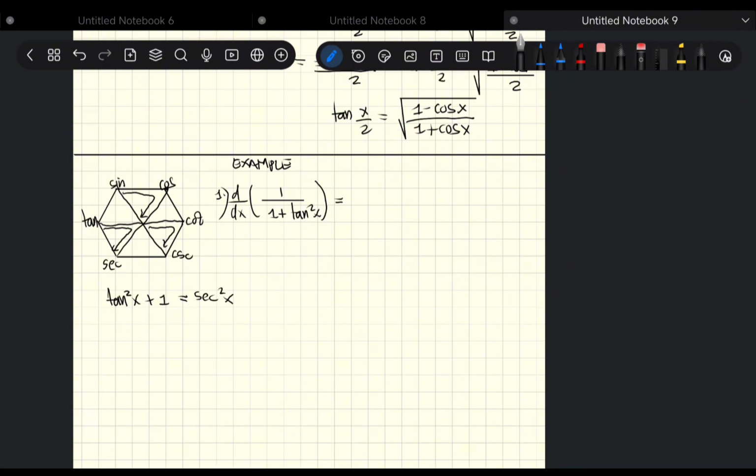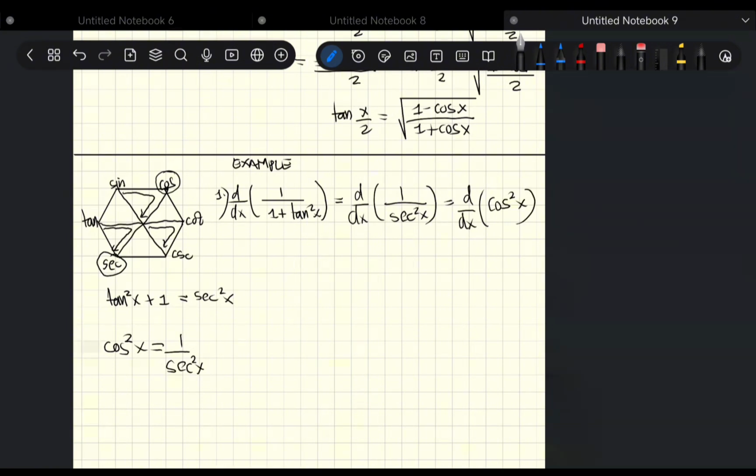So that is d over dx of 1 all over secant squared x. And we all know the opposite of secant is cosine. So cosine x is equal to 1 all over secant x. If we square the cosine, we square the secant. So that is d over dx of cos squared x.